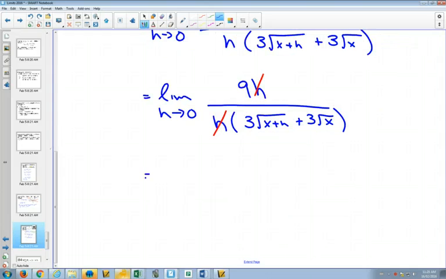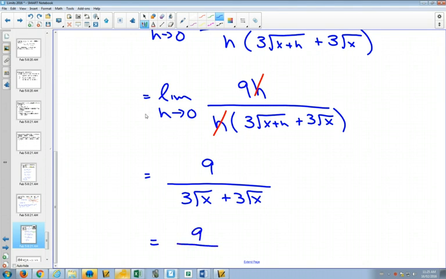And we can evaluate our limit. So I don't need to write limit anymore. And then 3 root x plus 3 root x is 6 root x.